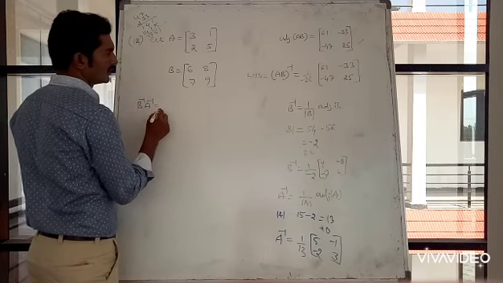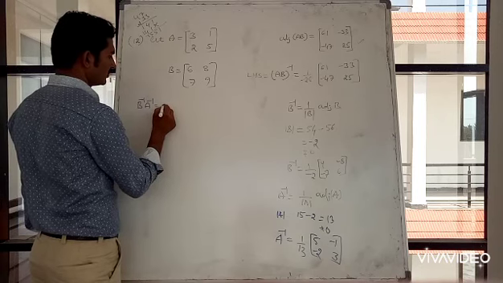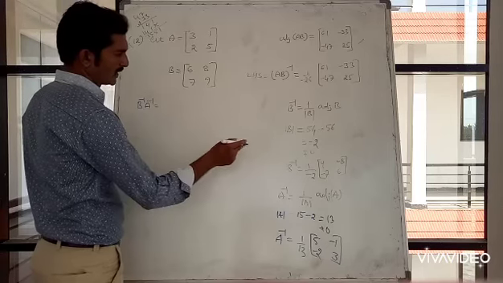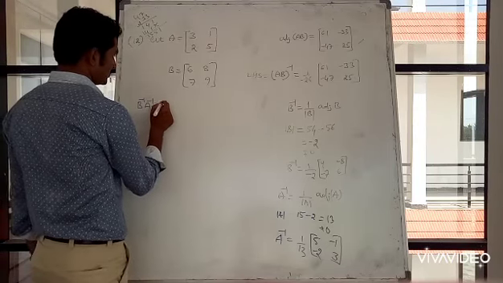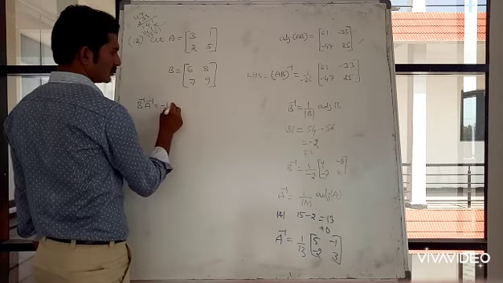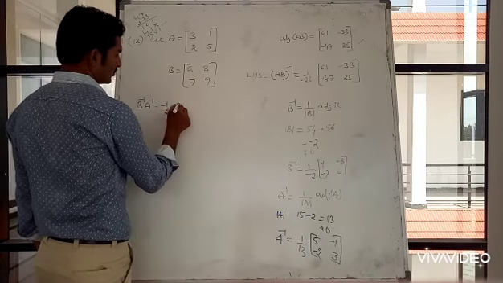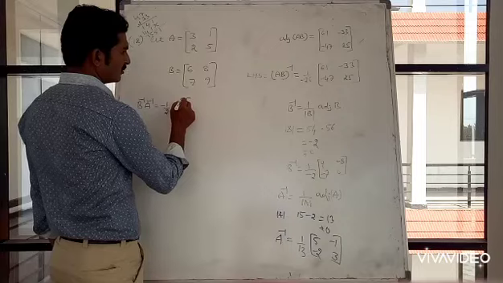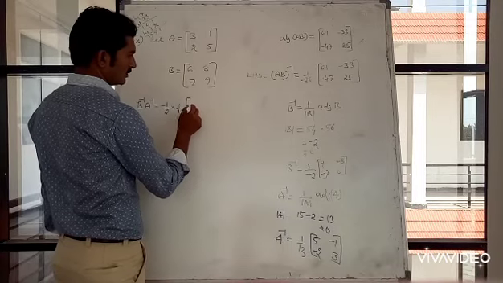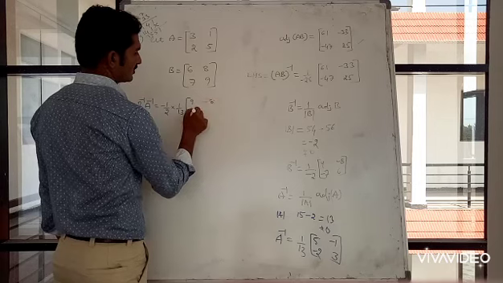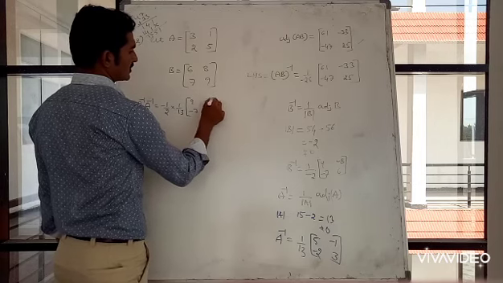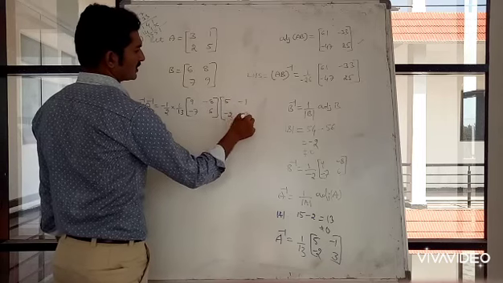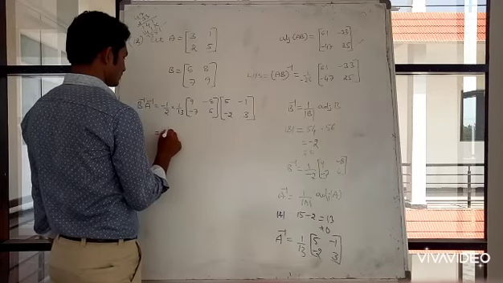For that, we take the scalars outside. First, B inverse into A inverse is required. B inverse has minus 1 by 2, and A inverse has 1 by 13. Scalar, that's why multiply it: minus 1 by 26. Then B inverse is [9 minus 8; minus 7 6] into A inverse [5 minus 1; minus 2 3].